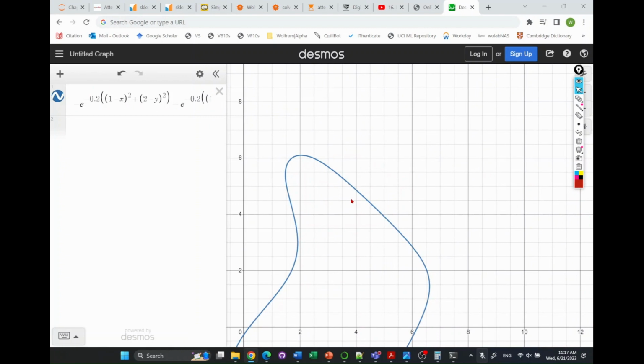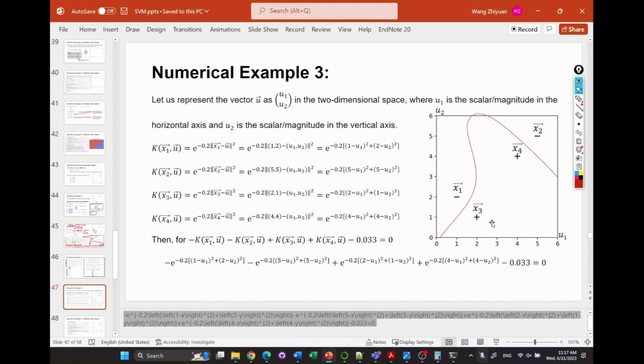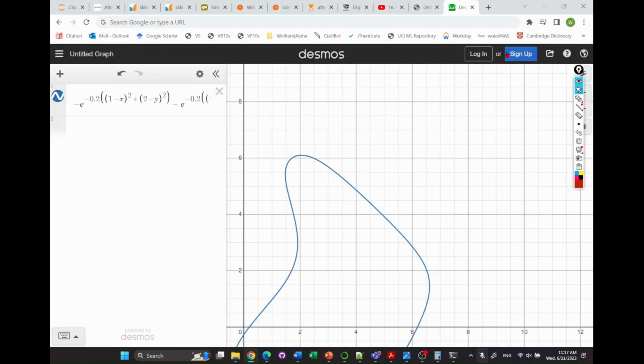our decision boundary, the hyperplane, the decision function. Remember our 4 points? What are our 4 points? 1, 2, 2, 1, 4, 4, 5, 5, right? Okay, this is negative.